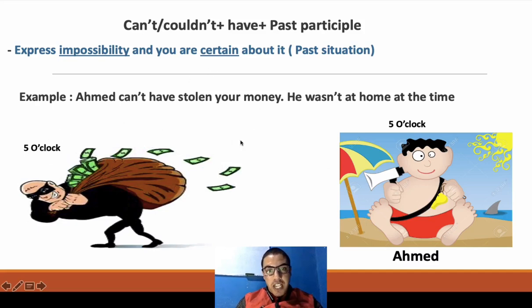He wasn't at home at the time. So where was he? Well, he was at the beach, right? So it is impossible that it is Ahmed, because at 5 o'clock Ahmed was at the beach. He was not in the apartment, right? So here we are expressing impossibility.